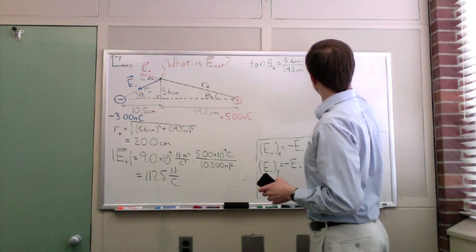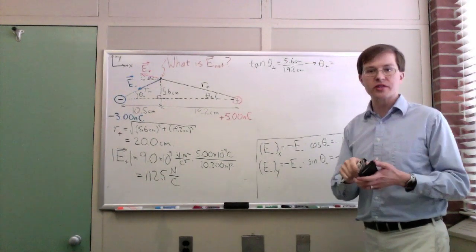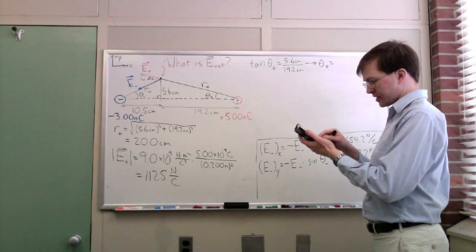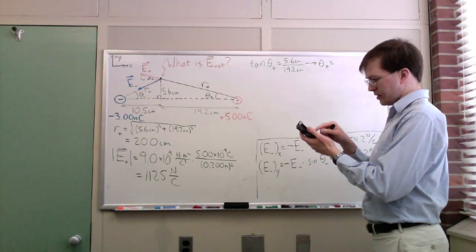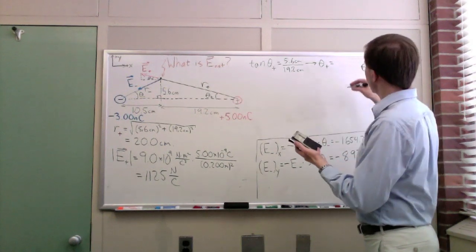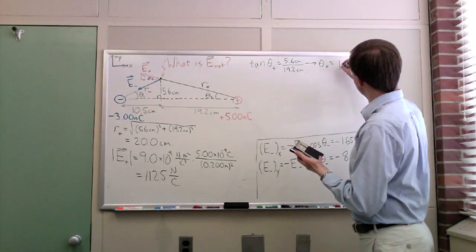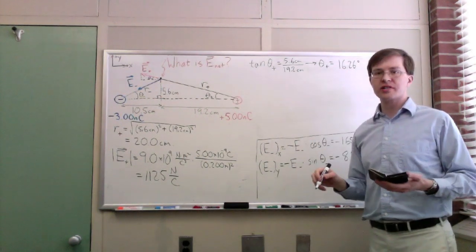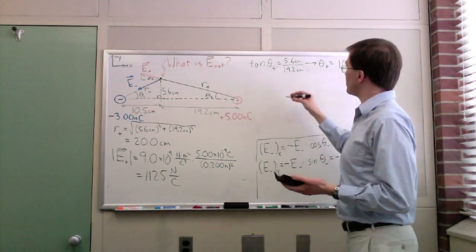That'll tell me theta plus, I just do an inverse tangent of this thing. Let's test it out. 5.6 divided by 19.2, inverse tangent. I get 16.26 degrees. Now I just go into the components again.